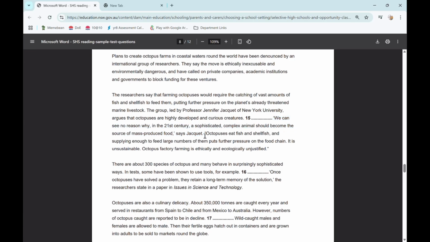So the main topic around 15 is that octopus are very smart, intelligent and curious animals, right? Obviously you should not be eating and killing curious animals. Because there is no change in topic before and after, 15 must also be about how octopus are very smart and sophisticated, so they should not be eaten.